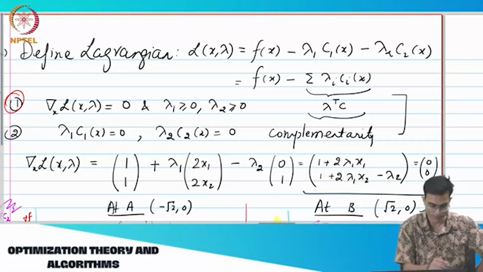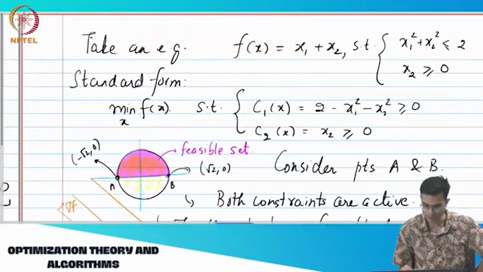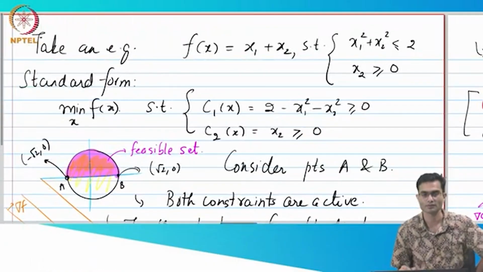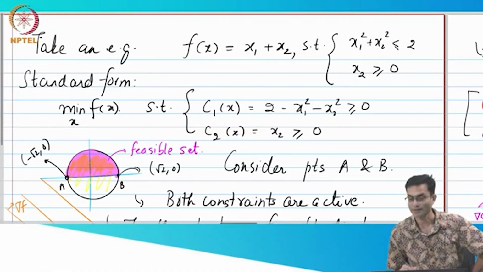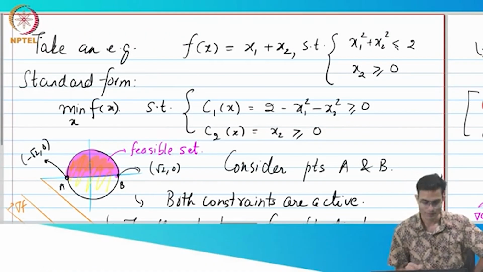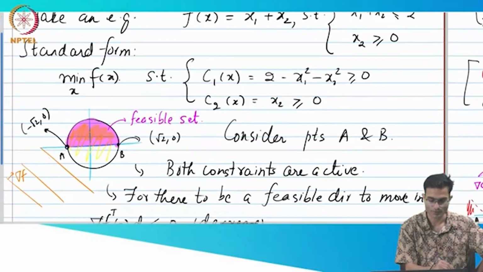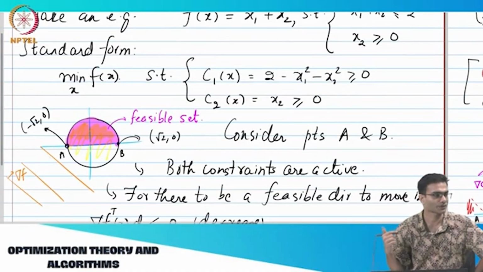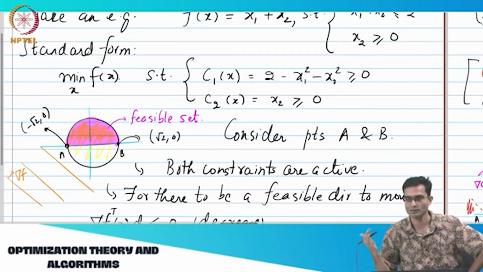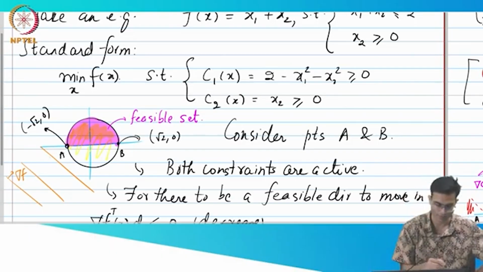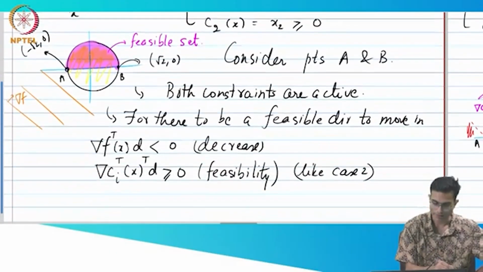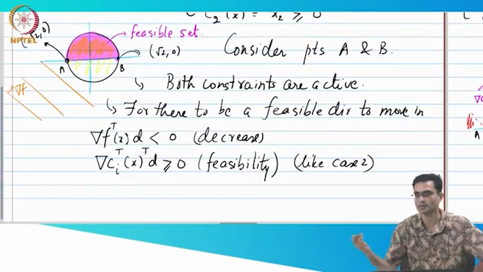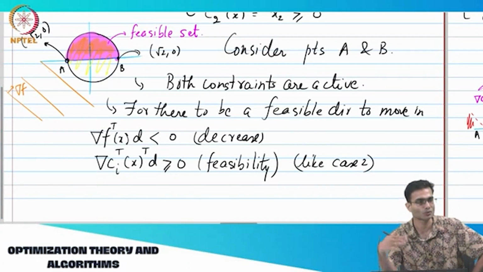So you notice that this example was really very straightforward, right? It had a very simple objective function. It had two inequalities, and what you should keep in mind as you try to solve problems in the future is, first get it into standard form so that the inequalities are all in the way that you are familiar with, greater than equal to 0, right? And your algorithm has given you some points to consider, and at those points we are trying to evaluate whether or not the conditions which we derive hold.